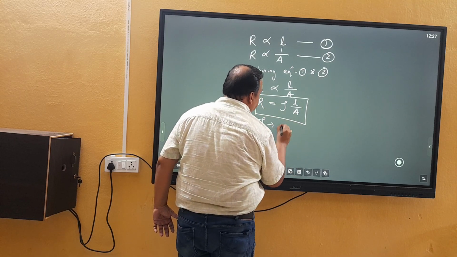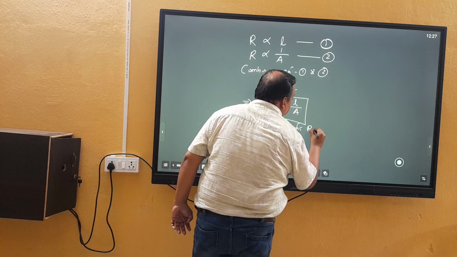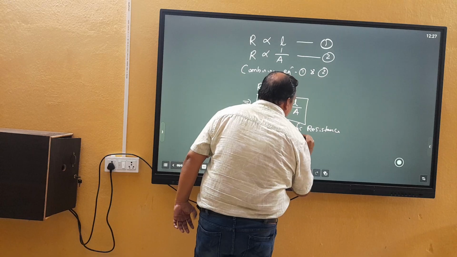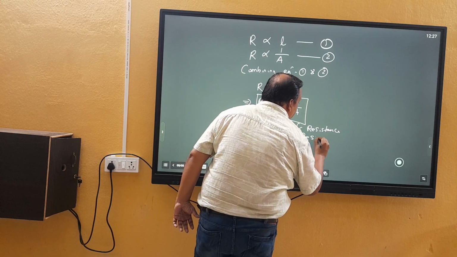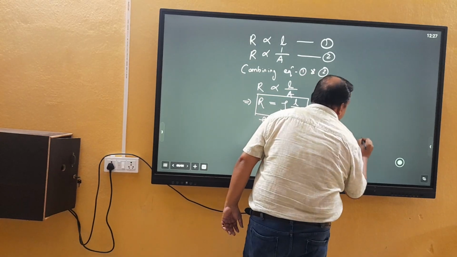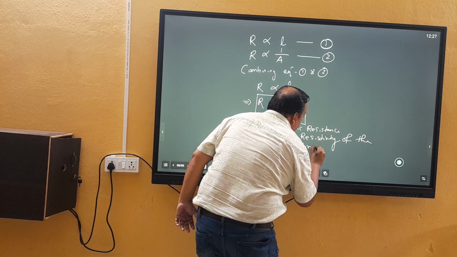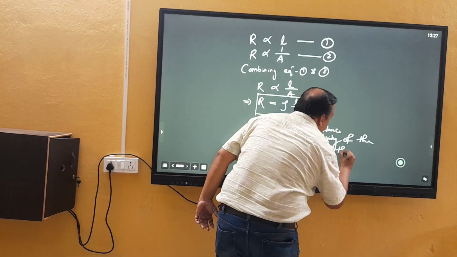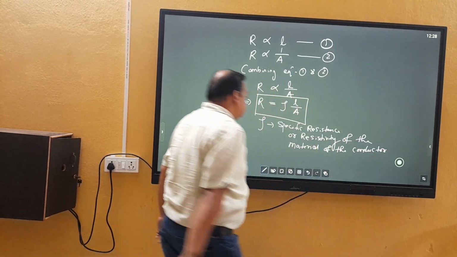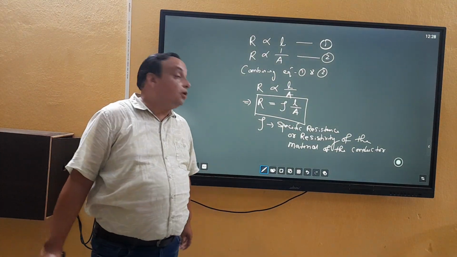So rho is the specific resistance or resistivity of the material of the conductor.